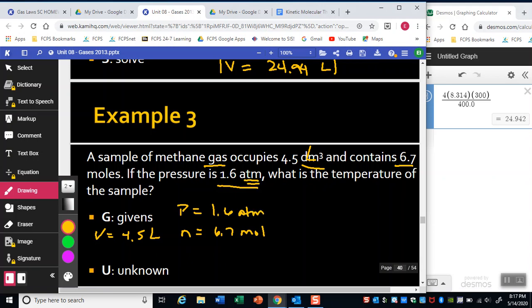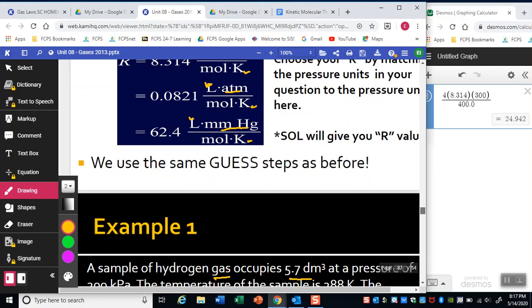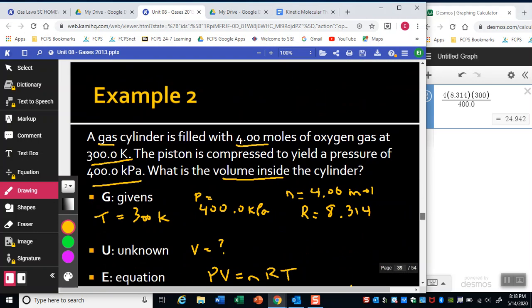And that's really important because that's going to be a different R, a different ideal gas constant. That's not going to be the one we've been using. So let's go up and see, because we don't have to memorize it, but we do have to remember to look for it. Atmospheres is going to be 0.0821.